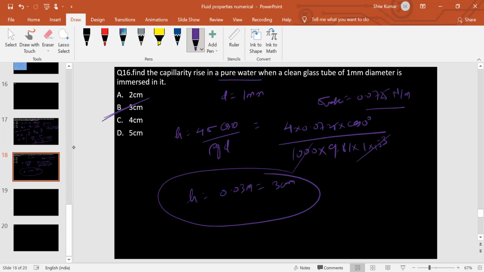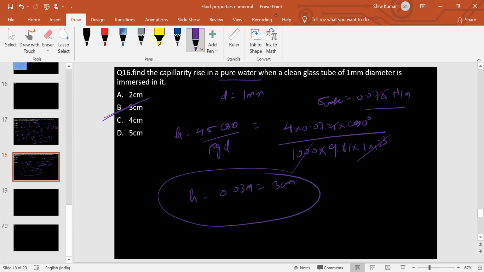If the surface tension is not given for the water case, then always remember that for water it's 0.075. Remember whatever concepts I have discussed here.